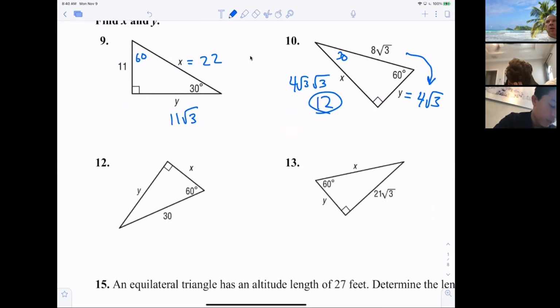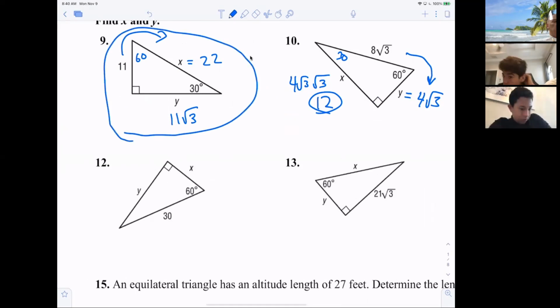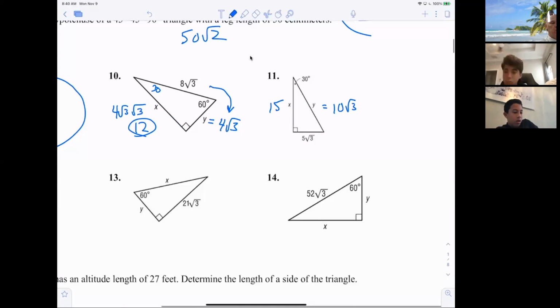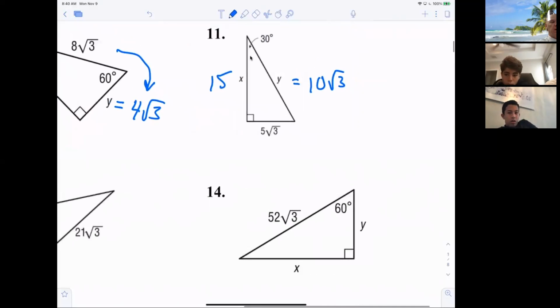Exactly, that's not the long leg. The short leg times 2 gives you the hypotenuse. Right, I'm just telling you guys, everybody should refer to this. That's exactly what I used to do, is write down a ratio you know is true. Instead of 11, I always use 10. What? Can you do 11? So how did I get what?